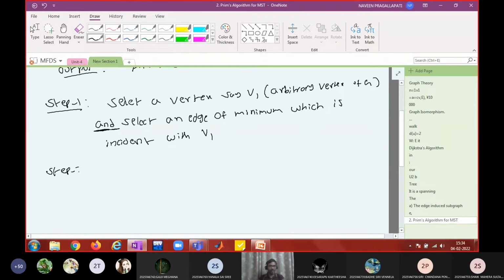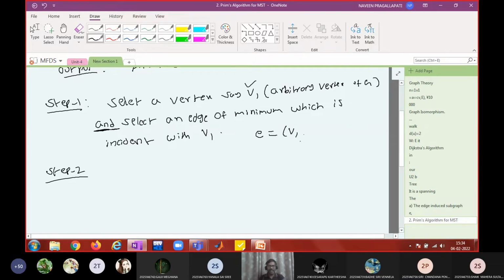Step 2. Before selecting that one, when I say this is an edge, an edge will have two ends. One end is incident with V1.